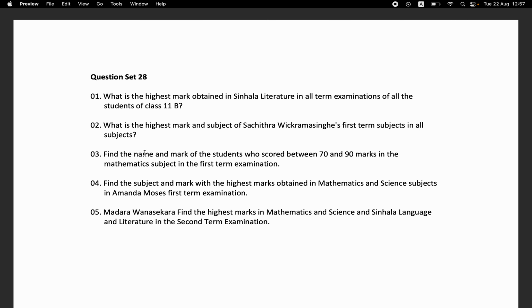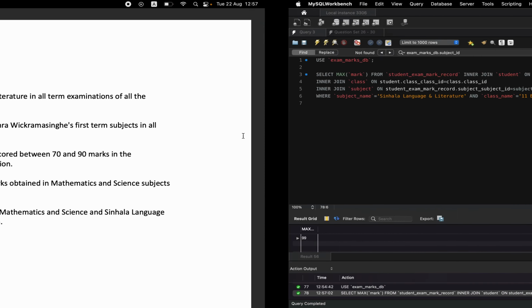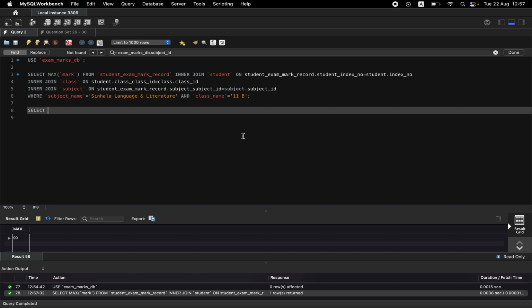The second question is, what is the highest mark and subject of Sachitra Wickramasinghe's first term subjects in all subjects? So we have to get the highest mark and the subject name. Select max, highest mark, and we have to get the subject name from student exam mark record.